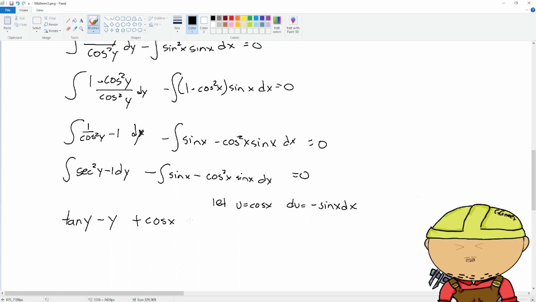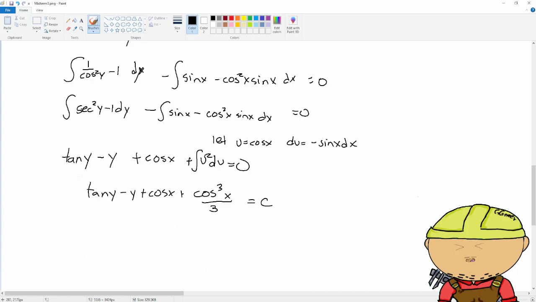So that's going to become positive u squared du. Okay, and that's going to become plus cosine x plus cosine cube x over 3 is equal to c.